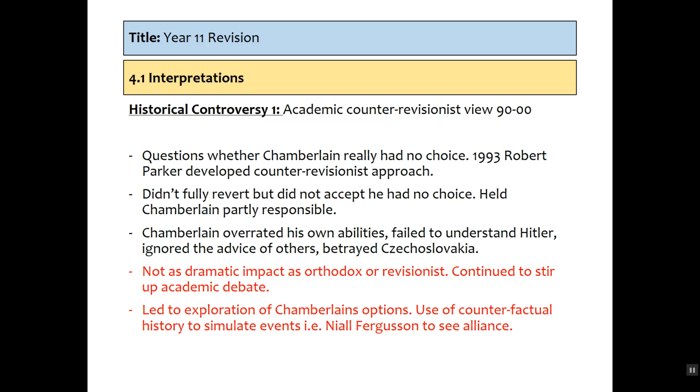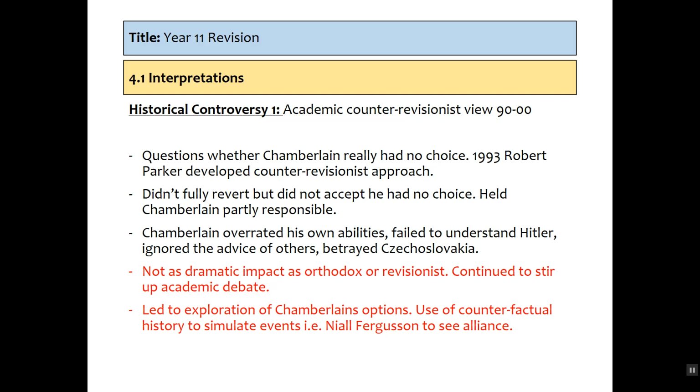You've got historians such as Paul Kennedy, Andrew Stedman, Robert Parker, and Niall Ferguson. They all start to challenge these views, and they are academic historians. Now, it's not as dramatic an impact as orthodox or revisionism, but it continues to stir up academic debate.